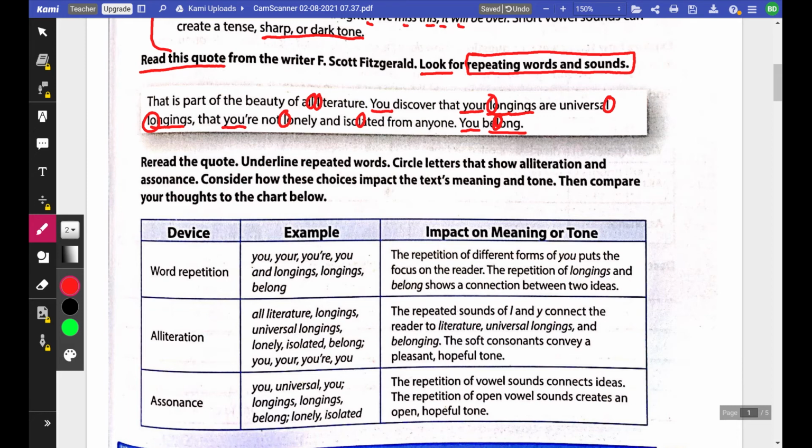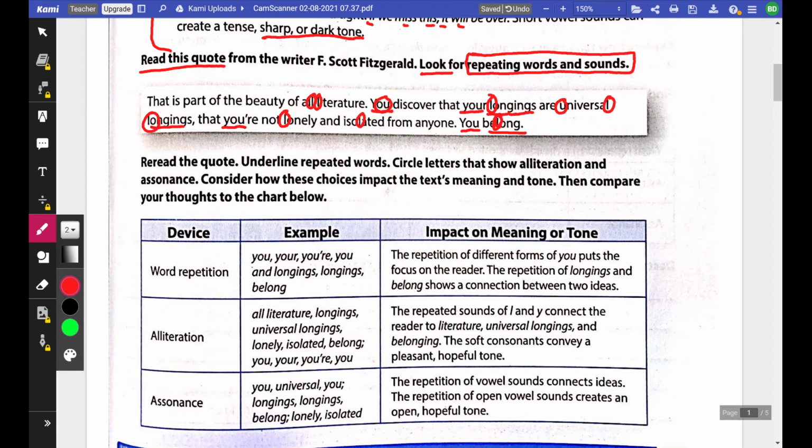Let's look for some vowel sounds that are being repeated as well. In this word you, I noticed this one a bunch, the ooh sound being repeated. That's our vowel sound, right? That's in you. It's also in universal, right there with that you.